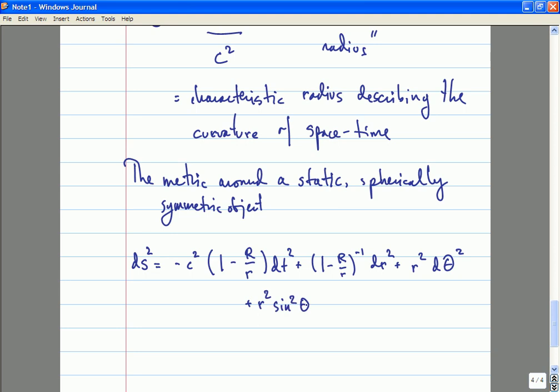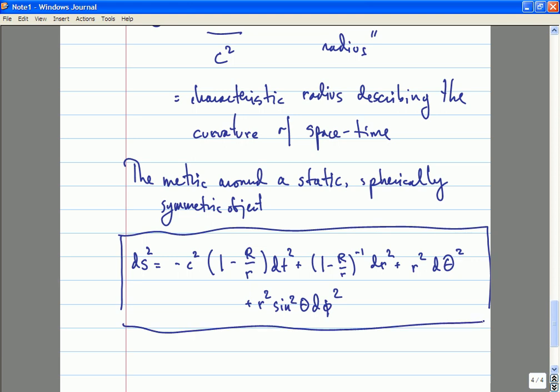But I will at the very least write it down for you so that we can discuss its basic form and understand at least a few of its features. So this metric has a name. It is called the Schwarzschild metric.